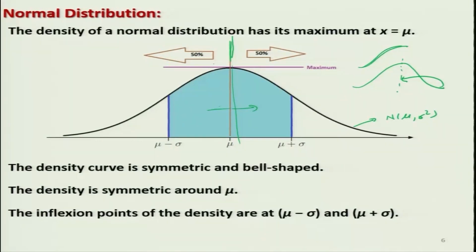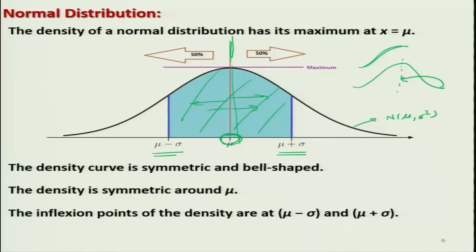Now, this point in the middle is actually mu, and this part here, the orange line, is the spread on the left and right hand side of mu. This indicates the value of sigma. For example, if you take mu minus sigma on the left hand side of mu and mu plus sigma on the right hand side of mu, then this blue area covers the area between the limits mu minus sigma and mu plus sigma.